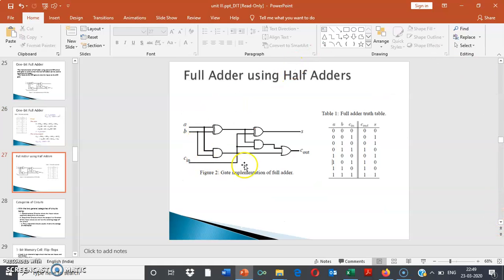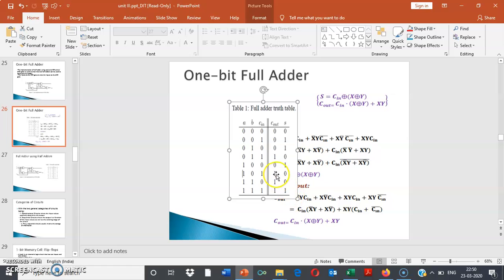As I showed you in this diagram, this is the combination of two half adders. This is the first half adder which consists of one XOR, one AND. This is the second XOR and AND. Now if you check, we had sum equal to A XOR B XOR C input. What is the equation for the sum?